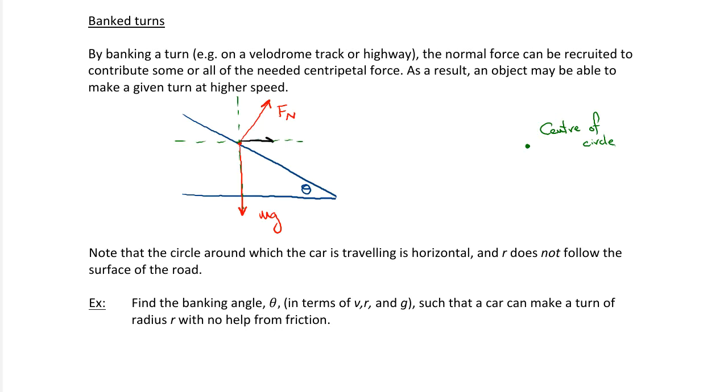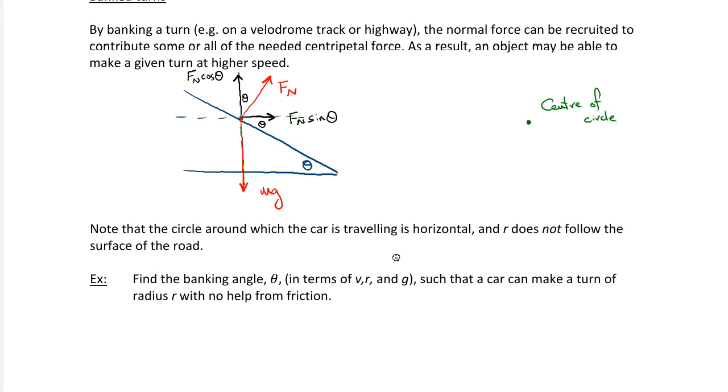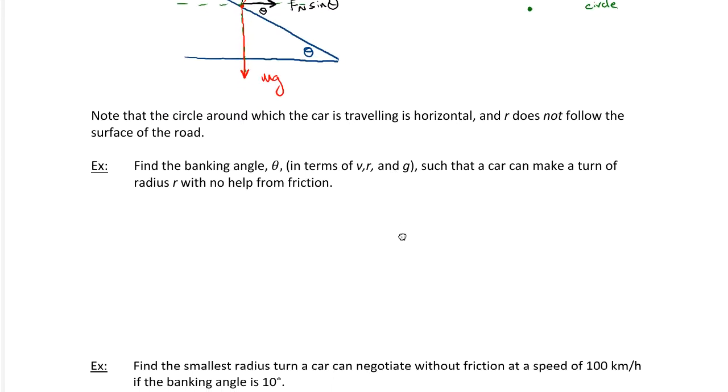If this angle is theta, then this angle is theta, and this angle is theta as well. So the vertical component of the normal force is the normal force cosine of the angle theta, the angle of inclination, and the horizontal component is equal to the normal force sine that same angle. Using that and treating the vertical and horizontal dimensions separately, we can solve problems.